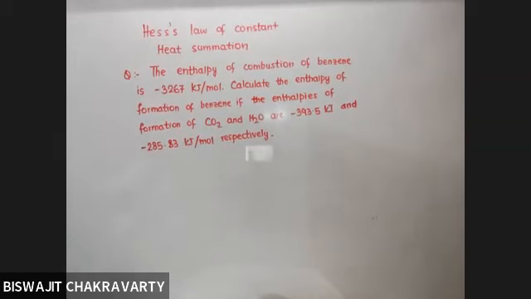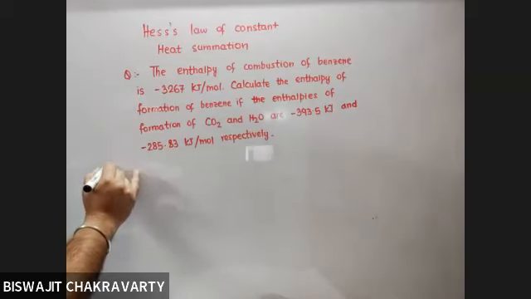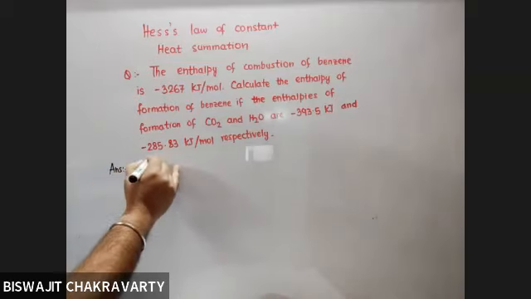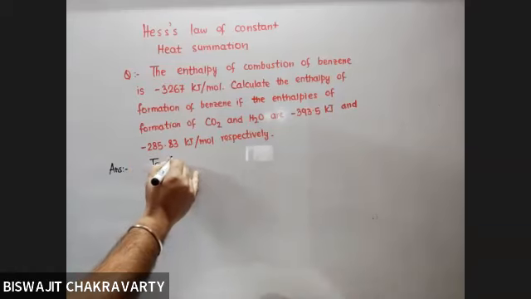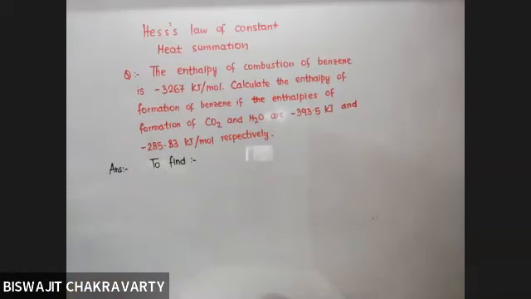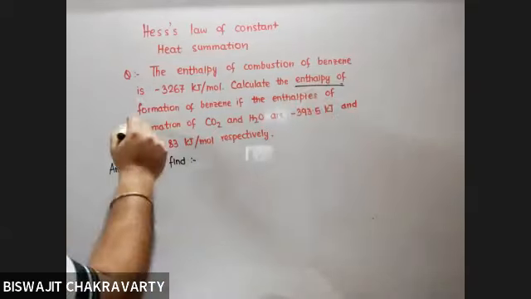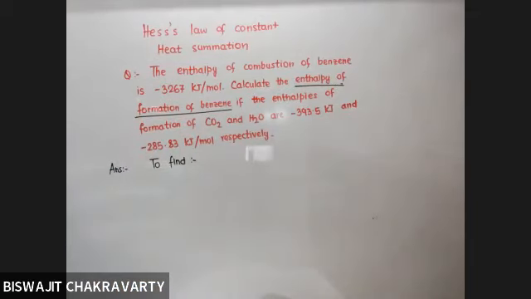Okay. So at first, we need to see what needs to be calculated. In this solution, the enthalpy of combustion of benzene is given, the enthalpies of formation of carbon dioxide and water are given, and you need to calculate the enthalpy of formation of benzene. So what is the equation for the enthalpy of formation of benzene?